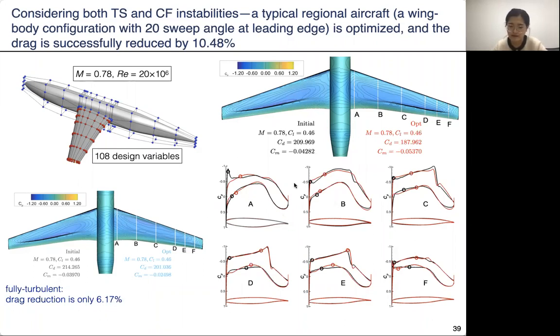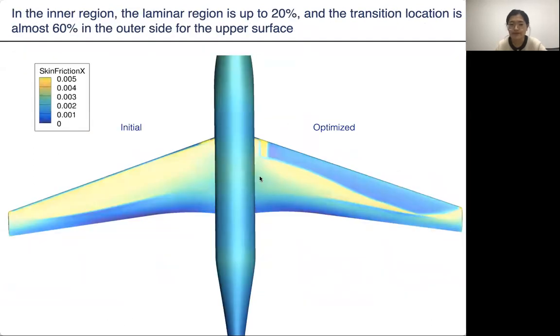And for this figure, we can see that the shock wave is reduced in general, and the transition location moves downstream. For the upper surface in the inner region, we can see the laminar region is up to 20%, while on the outer side, the transition location is almost 60%.